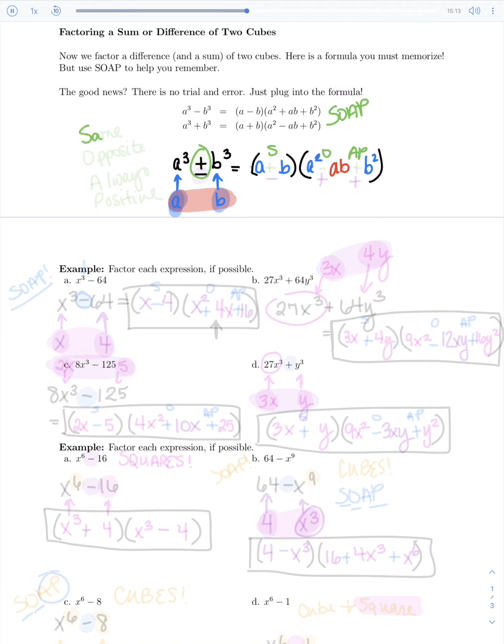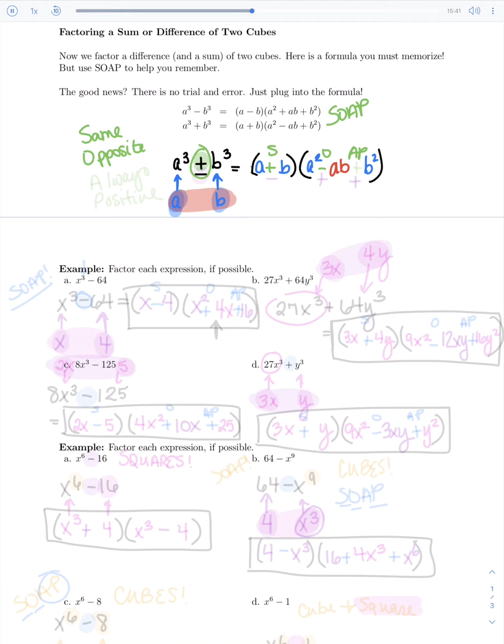S stands for same. So the first sign should be the same as whatever you started out with. So if you start out with a plus, you should be putting a plus first. So the next one is the O, and so the next term is opposite. So in this first example, I had a plus, so opposite would be a minus.